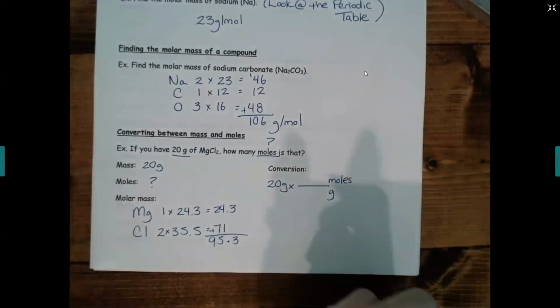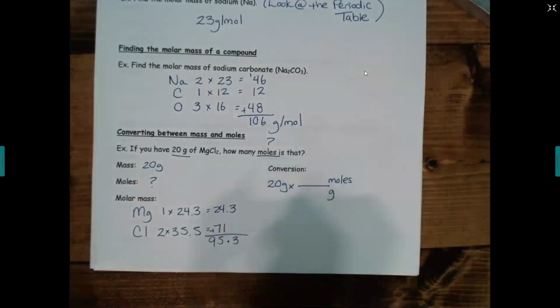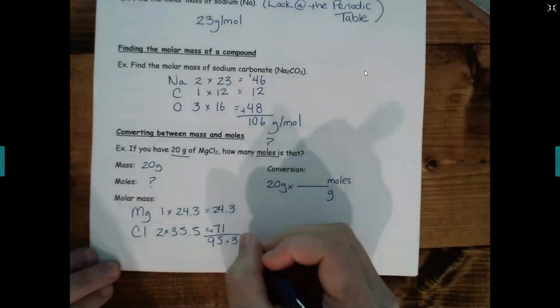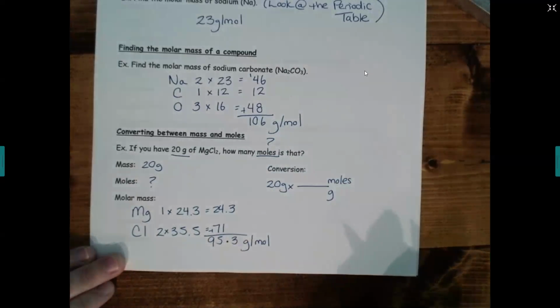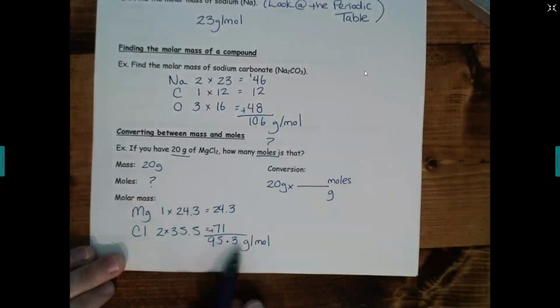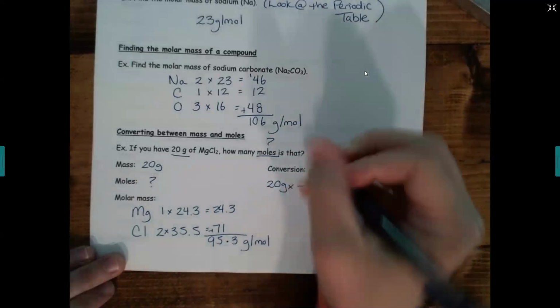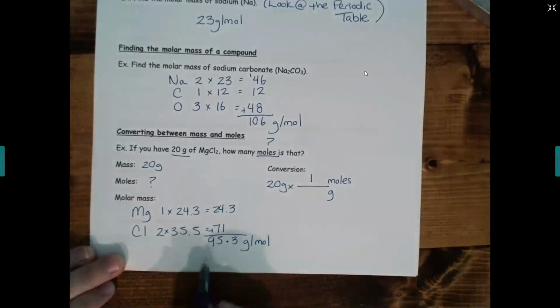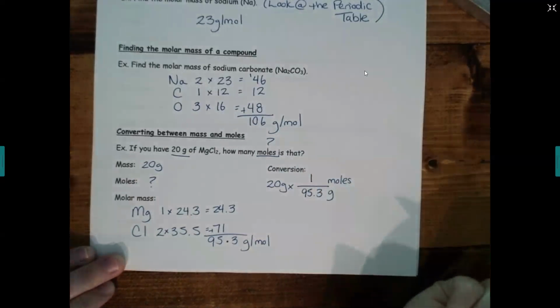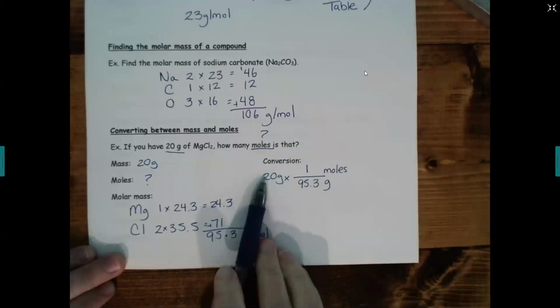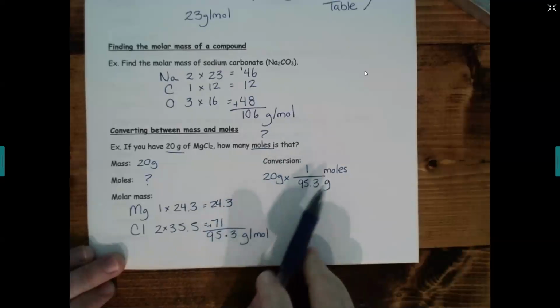All right, so this is where I plug in my molar mass. As you know from the previous lesson, this is 95.3 grams per mole, which is the same thing as saying 95.3 grams per 1 mole. So I'm going to put a 1 next to mole, and I'm going to put 95.3 next to grams. So all I'm doing here is I'm multiplying 20 times 1 divided by 95.3.